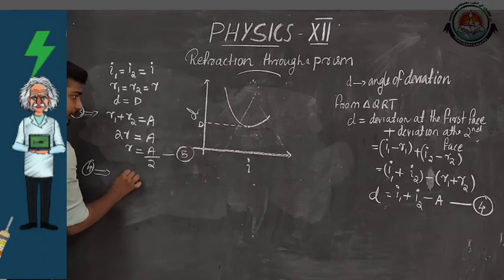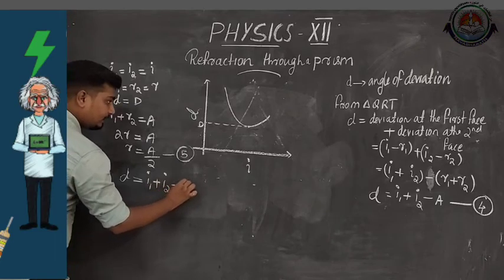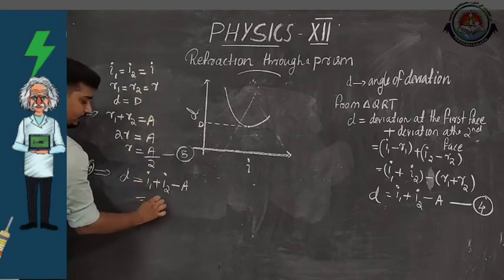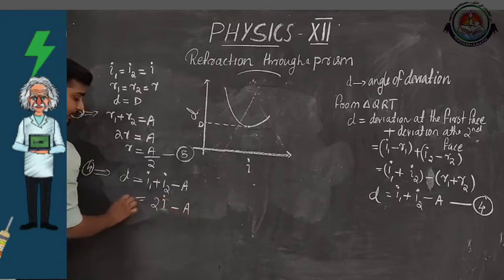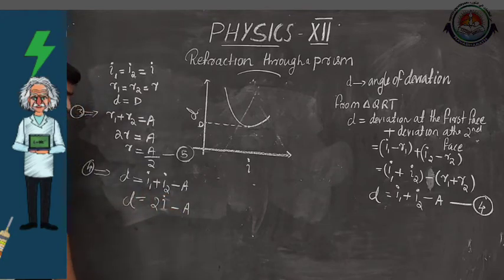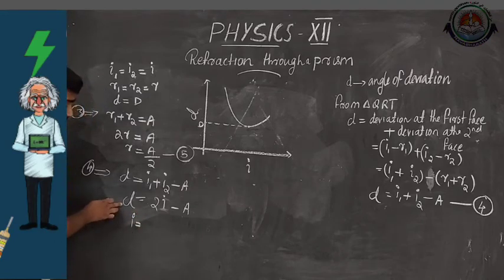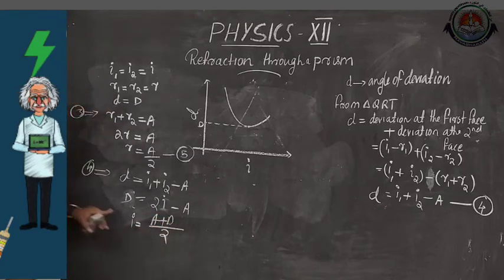D equals I1 plus I2 minus A. Here I1 and I2 equal I, so this is 2I minus A equals D. That is, I equals A plus D by 2, taking D as capital letter D.